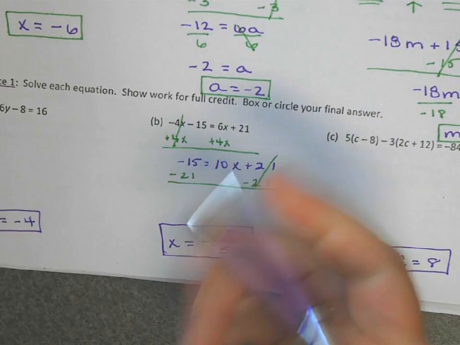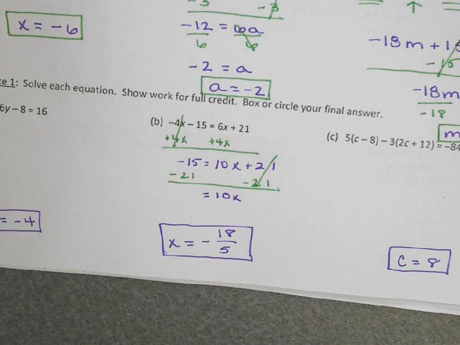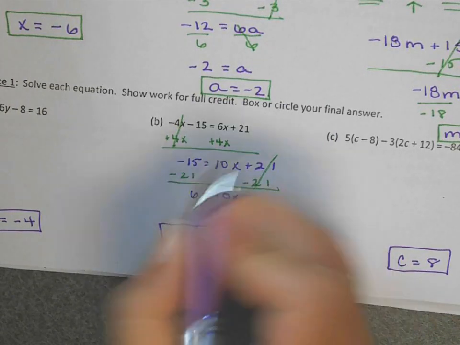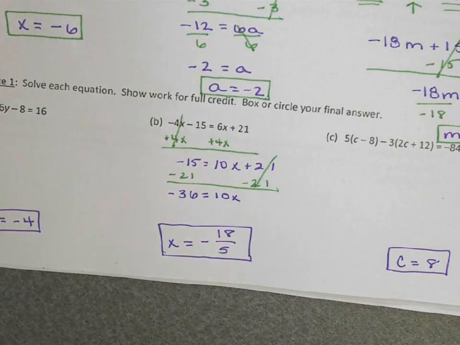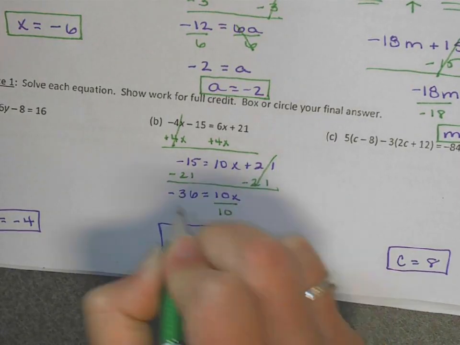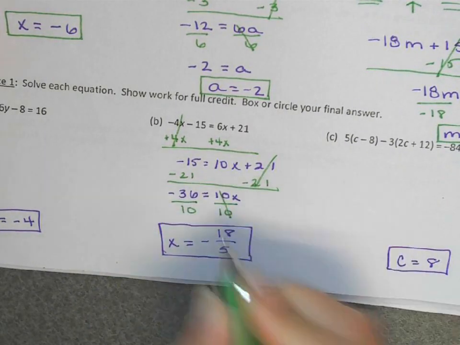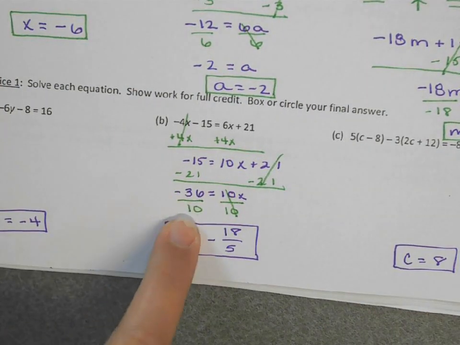All right, so on the right side, we're going to have just the 10x. Negative 15 and negative 21, so that's negative 36. And divide by 10 on both sides. Okay, so x is alone. I just wrote it on the left. Negative 36 over 10.